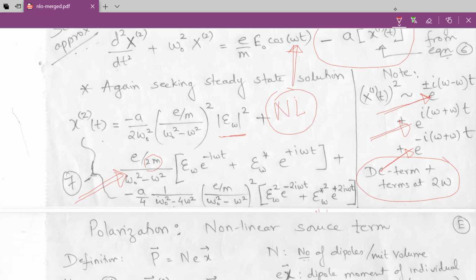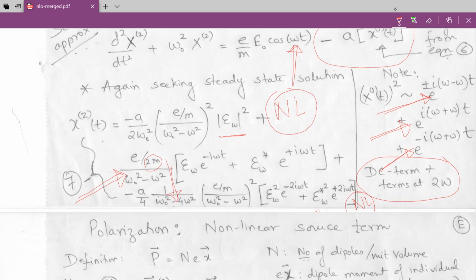which is this, is being driven at twice omega. Because of the nonlinearity now, even though I'm coming with an electromagnetic field at omega, I'm getting a response at twice omega, which again is resonant when omega naught is equal to 2 omega.